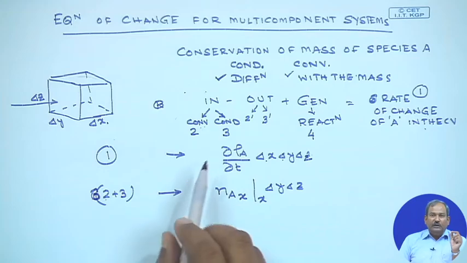Now, we realize that the species A can enter through the x face and leave at the face at x plus delta x. It's going to enter through the y face, leave at y plus delta y. It's going to enter through the z face and leave at z plus delta z. So there would be, as we have seen before, a total of 6 terms which would represent the net inflow of A inside the control volume.